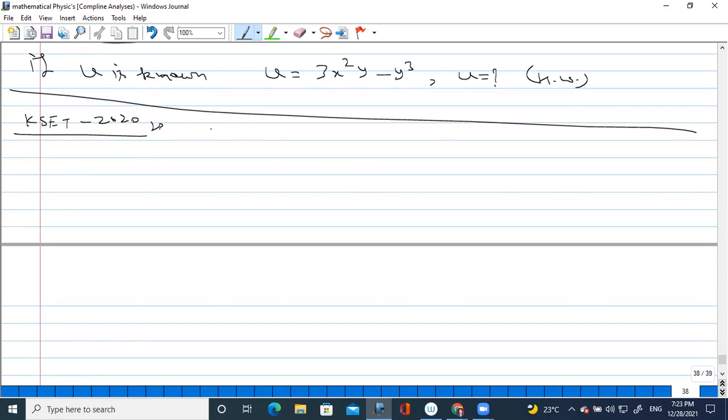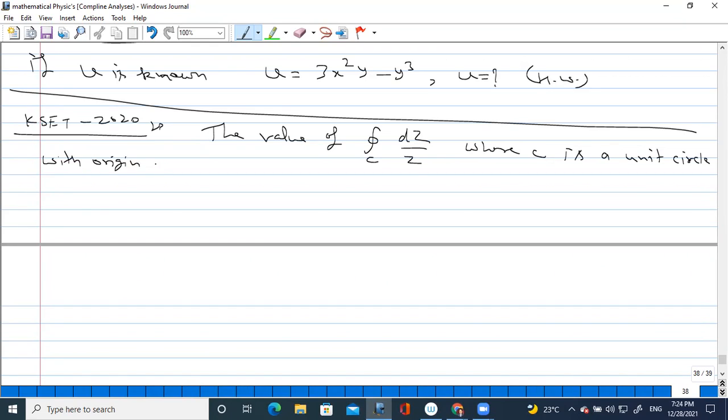The question was: the value of the closed integral dz by z, where C is a unit circle. Unit circle means the radius of that circle is 1, with origin at its center.